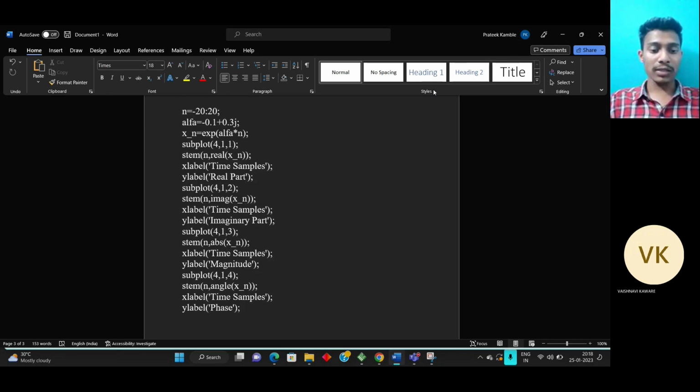The last one is the angle, that is the phase part of the exponential signal. So we will subplot the fourth graph, that is 4, 1, 4, and we will use the command stem n comma angle of exponential signal, and X label will be the time samples and Y label will be the phase of the signal. Now let's run this code in MATLAB.